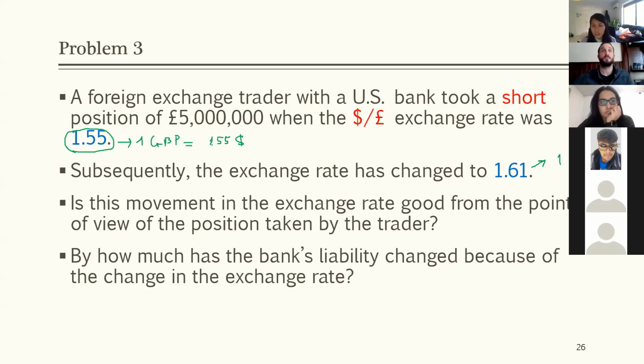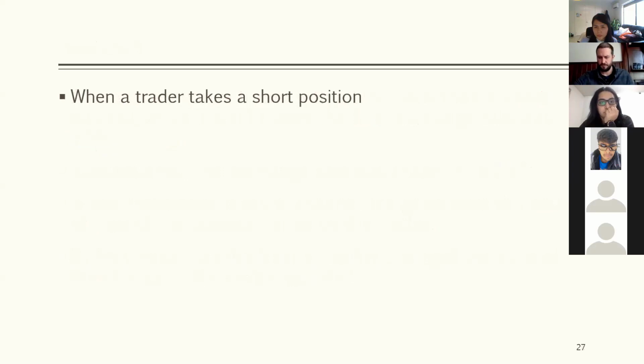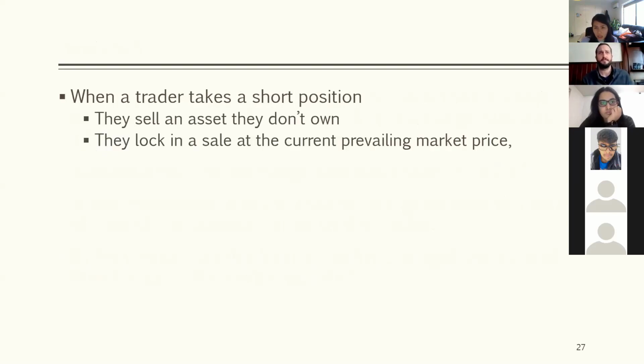Okay. So this question involves an action called short selling. So when you say short, you're selling an asset that you don't really have. So when a trader takes a short position, this is when they sell an asset that they don't already own. Essentially, if you want to sell something, that's because you think the future market price is going to drop.